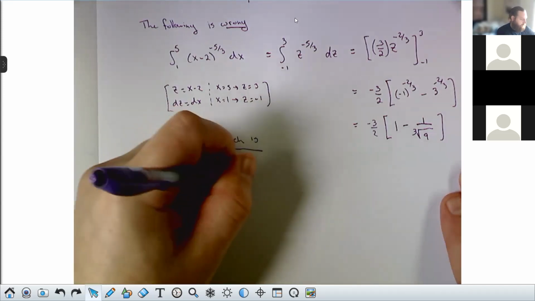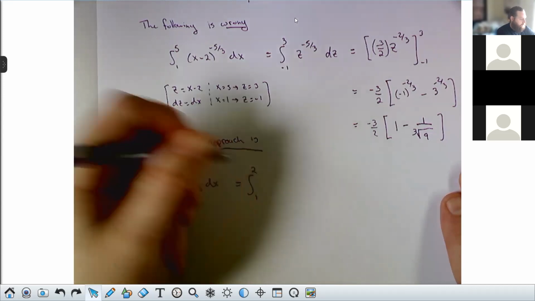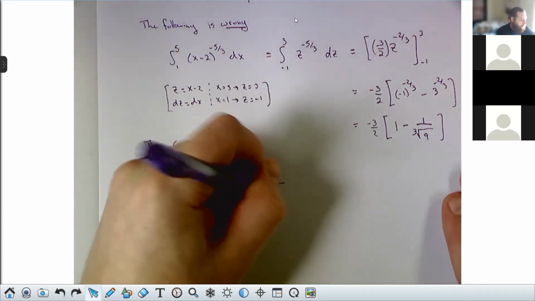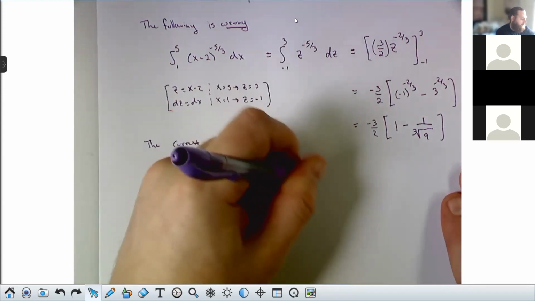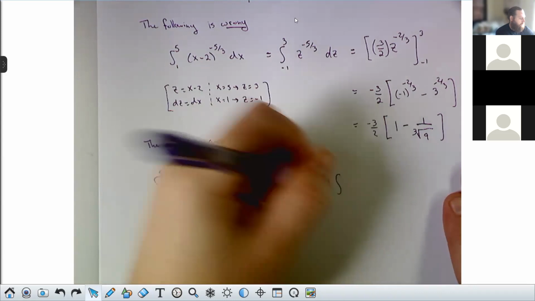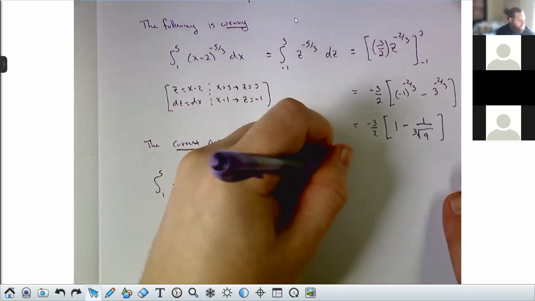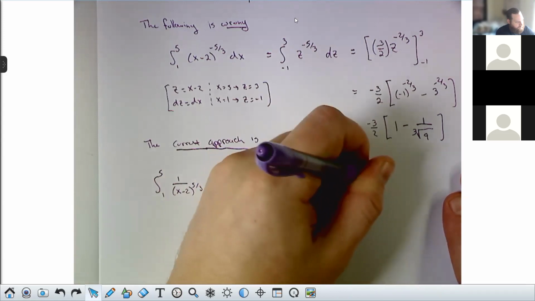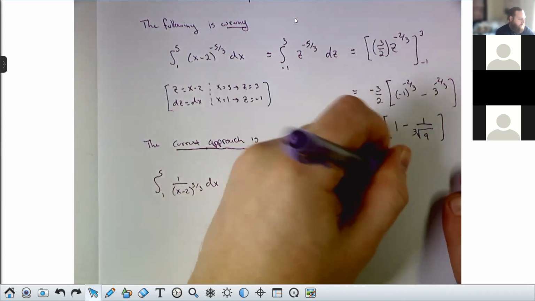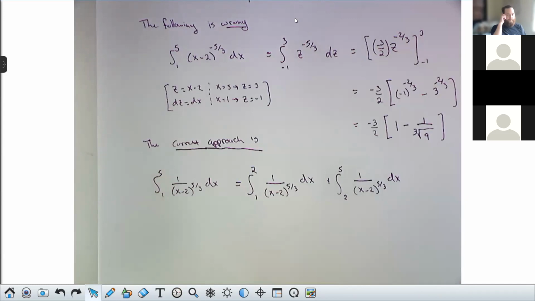I can write this as the integral from 1 to 2 of 1 over x minus 2 to the 5/3 dx plus the integral from 2 to 5, 1 over x minus 2 to the 5/3 dx. And then you need to treat each of those separately with their own limit.